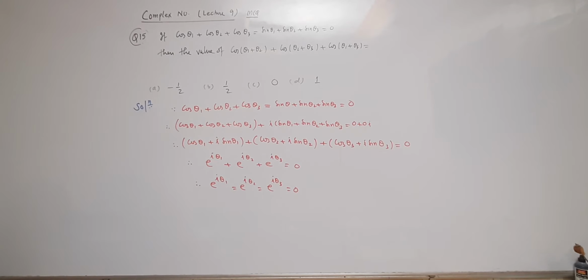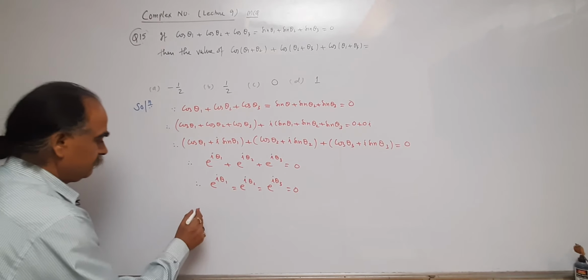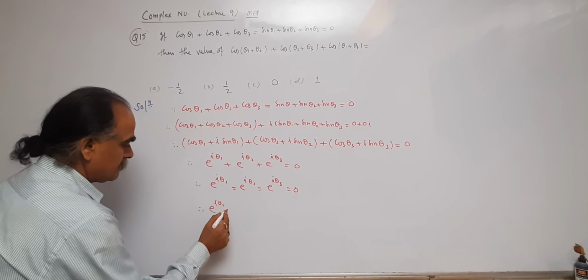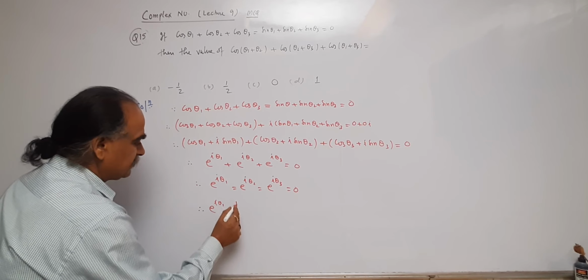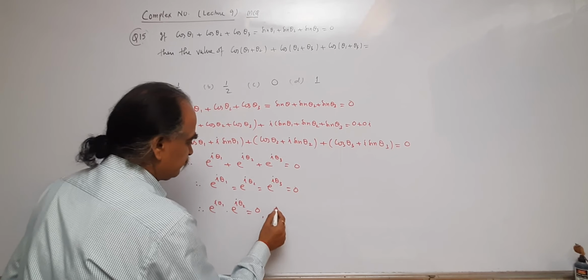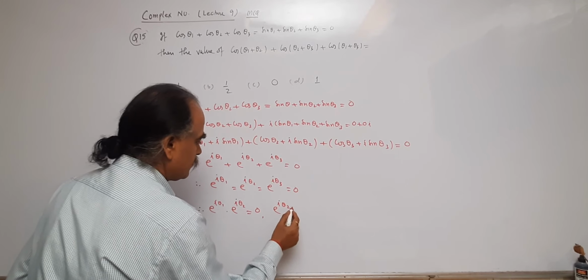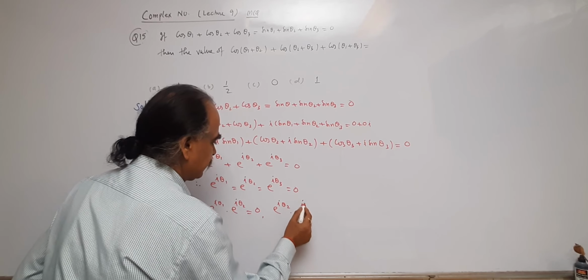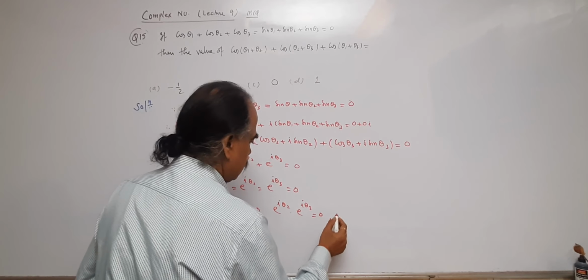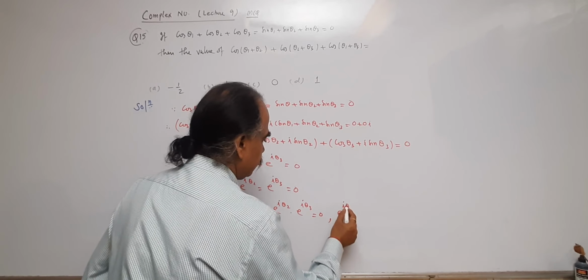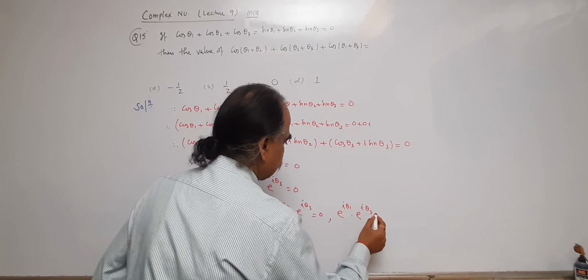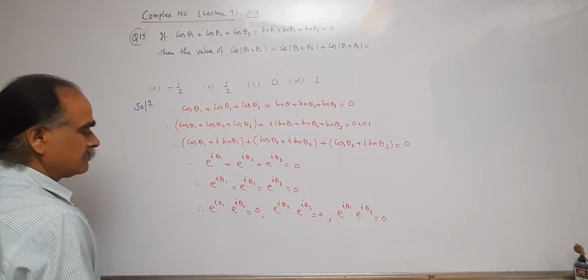Therefore, taking the pairwise products, e raised to i theta 1 into e raised to i theta 2 will be 0, e raised to i theta 2 into e raised to i theta 3 is 0, and e raised to i theta 1 into e raised to i theta 3 is 0.